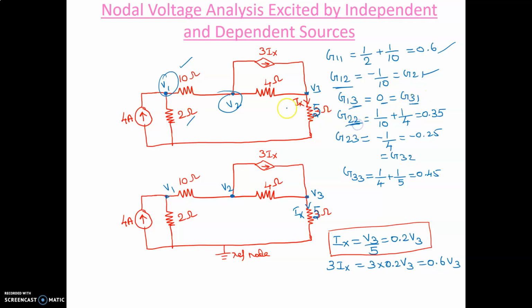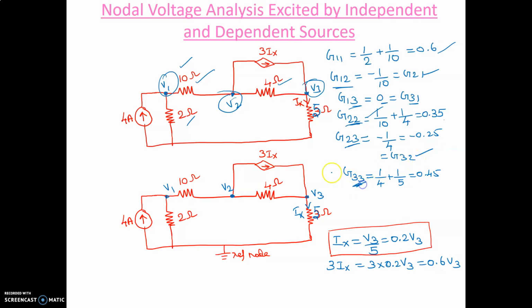Then G22, the reciprocal of resistance connected to node 2, which means this 10 ohm resistance and this 4 ohm resistance. So 1 by 10 plus 1 by 4 is equal to 0.35. Then G23, the resistance common between second and third node, which is the 4 ohm resistance with minus sign, minus 1 by 4, which is equal to minus 0.25, equal to G32.